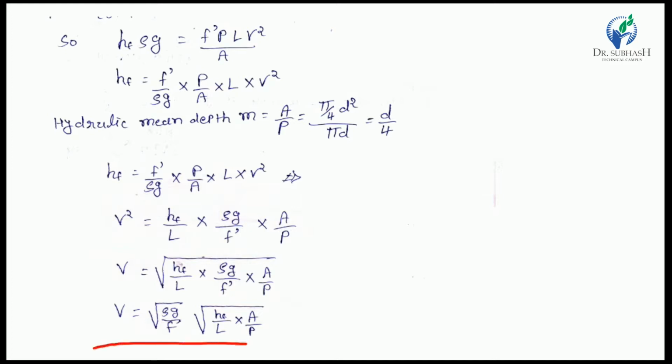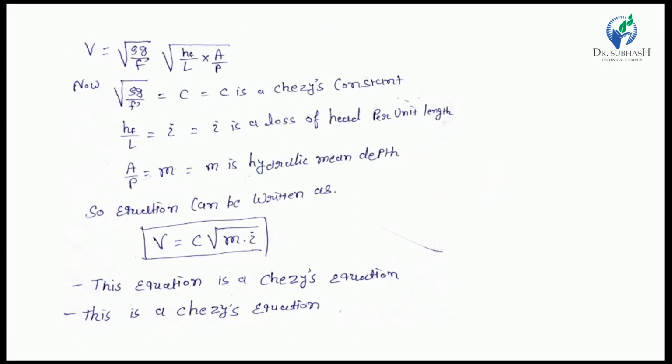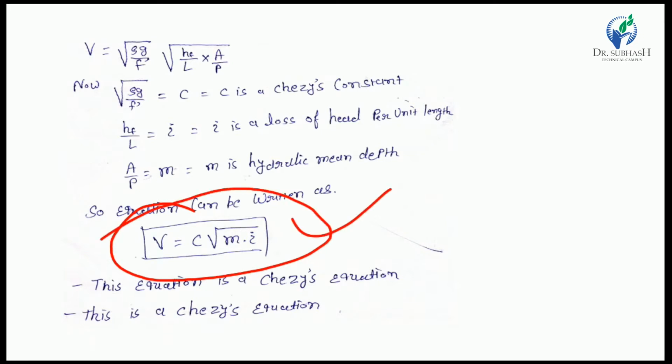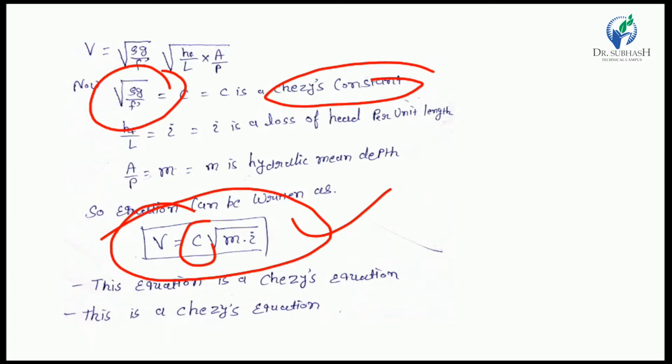Now write the equation, and further the elements are written in a different way as mentioned. This is the final equation of Chezy to find the head loss due to friction. Here C is the Chezy constant and it is found through the root of rho g upon F'.